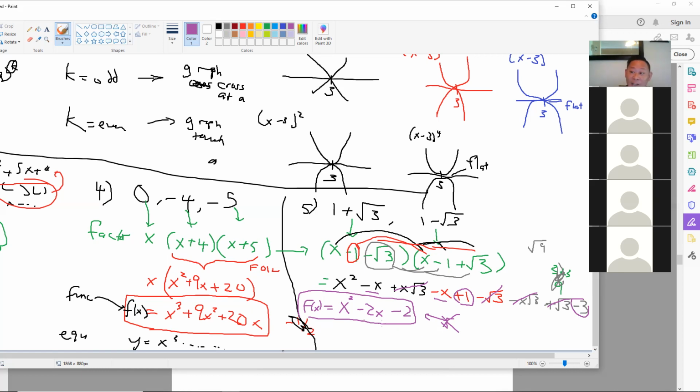The answer is no. You will never get square root. That means all the square roots that you FOIL out have all been canceled out. Is that always like that? The answer is yes, it's always like that. If you find out that your square root did not cancel out like what we did here, something is wrong with your factor. That means double check your factor, or maybe you FOILed wrongly.